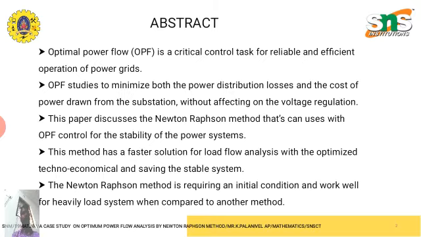This case study discusses the Newton-Raphson method that can be used with OPF control for the stability of the power systems. This case study has a faster solution for load flow analysis and works well for heavily loaded systems when compared to other methods.